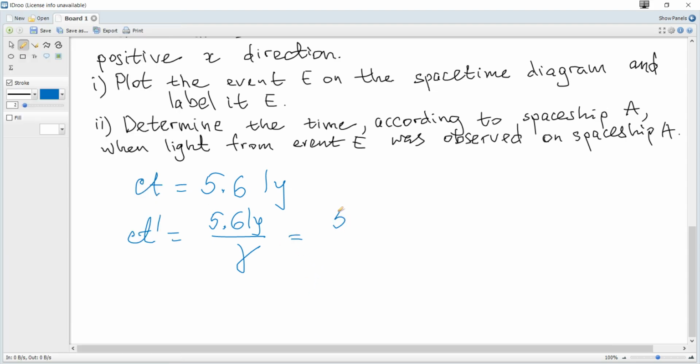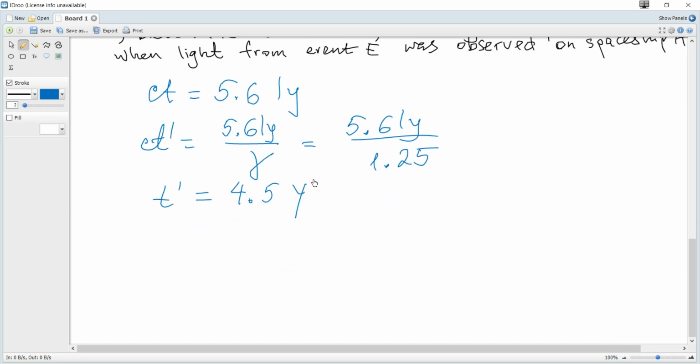So it's 5.6 light years over 1.25, which is approximately 4.5 light years. But if we talk about time, t primed is light years divided by the speed of light, so you get years: t primed is 4.5 years.